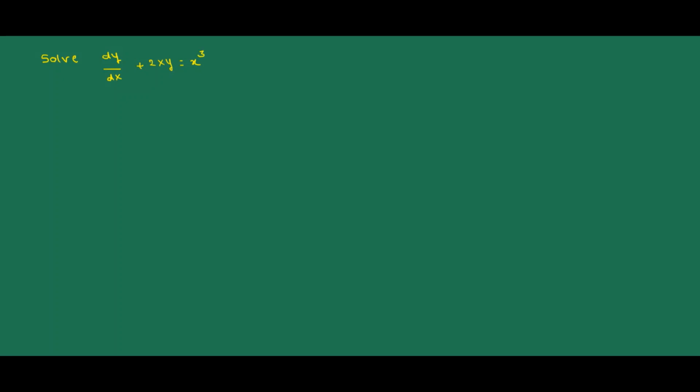Okay, so first we have to compare with dy by dx plus py is equal to q. If you compare with dy by dx plus py is equal to q, the value for p is equal to 2x. This is the value for p, and the value for q is equal to x cube.